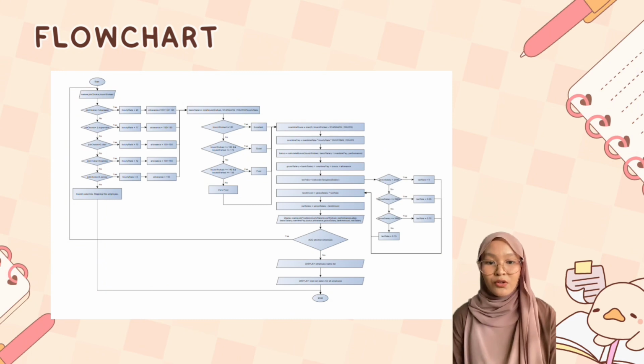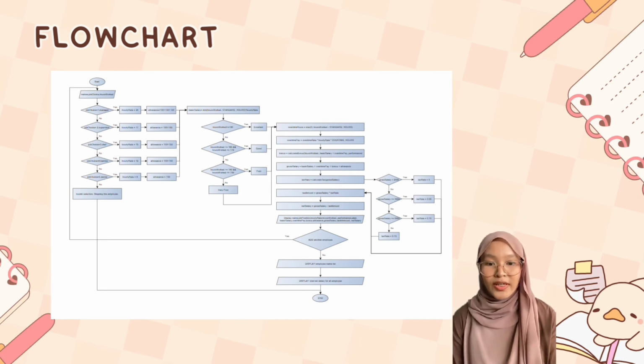After that, the program checks the gross salary to determine how much tax should be applied. The tax rate depends on how high the gross salary is. Once the tax is calculated and deducted, the program computes the net salary, which is the final amount the employee receives. It then displays all the results, including personal details, salary breakdown, and the final net salary.